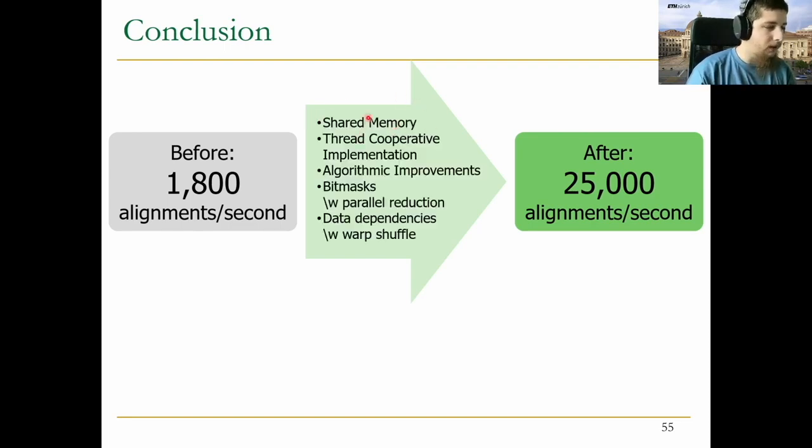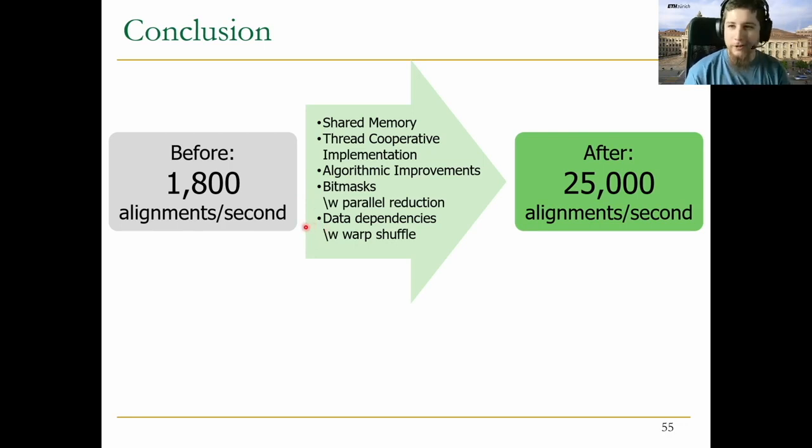Among them, using shared memory, using a thread cooperative implementation, algorithmic improvements to reduce the memory footprint and get higher occupancy. We use parallel reductions to efficiently calculate bitmasks. We use warp shuffle instructions to resolve data dependencies.